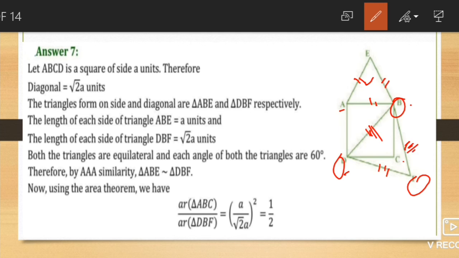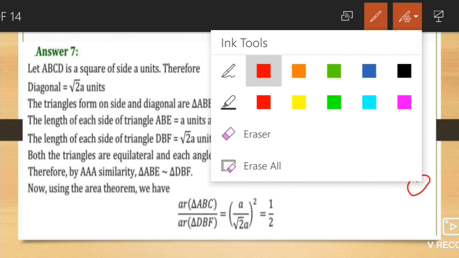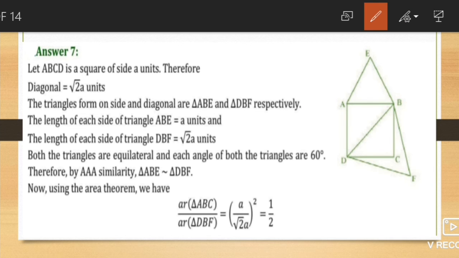So you can say that this triangle DBF is described on the diagonal of the square. Now if you consider the side of the square as A, then the diagonal is A root 2.